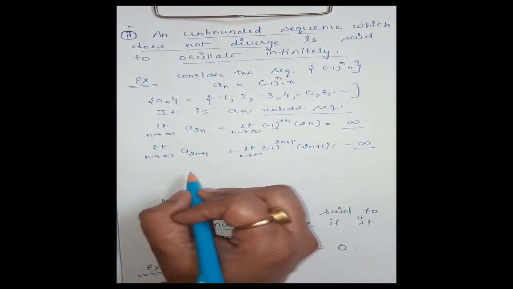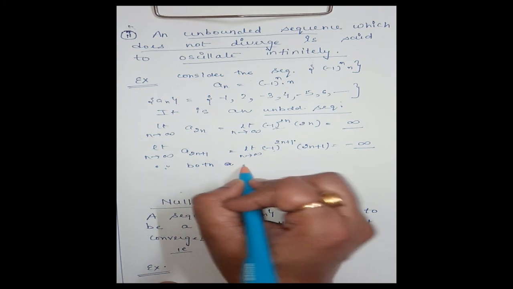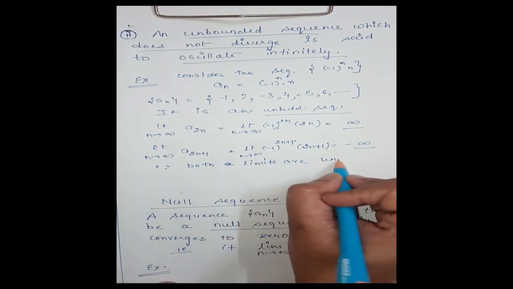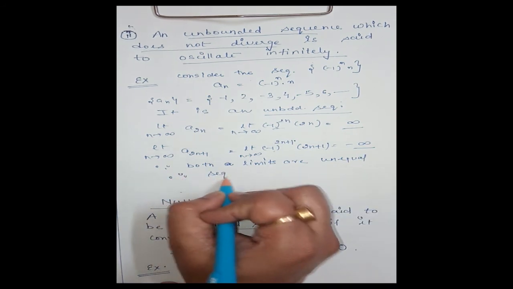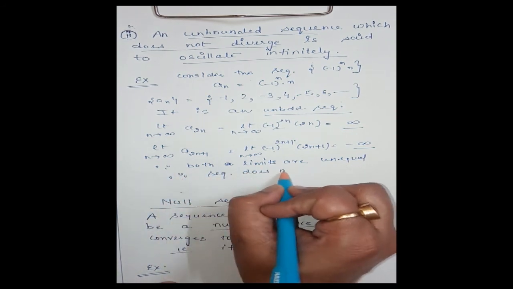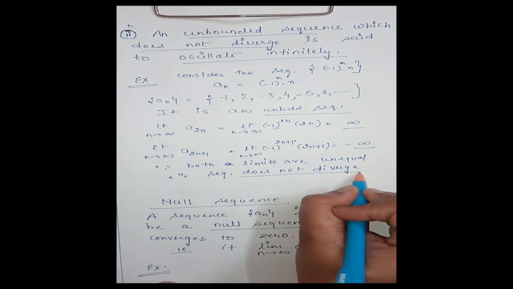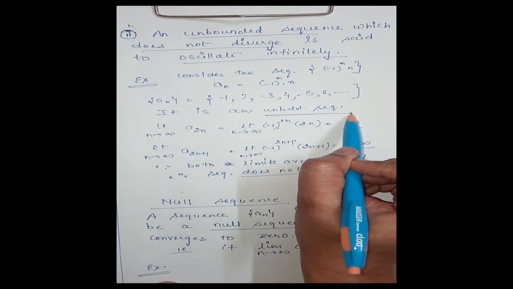Now since both limits are unequal, the sequence does not diverge. Clear? The sequence does not diverge and it is an unbounded sequence also.